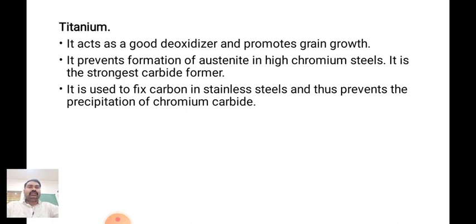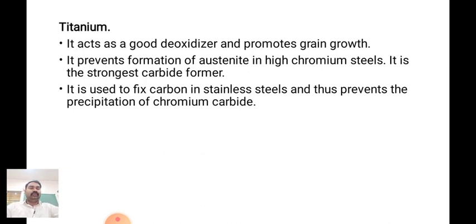It acts as a good deoxidizer and promotes grain growth. Now deoxidizer means that oxidation of the iron, meaning rusting of the iron, will be prevented by the addition of titanium in the steel, and it promotes grain growth. Grain growth means what? As we are manufacturing any component by casting process, we first have to melt that steel and pour it into the mold cavity.